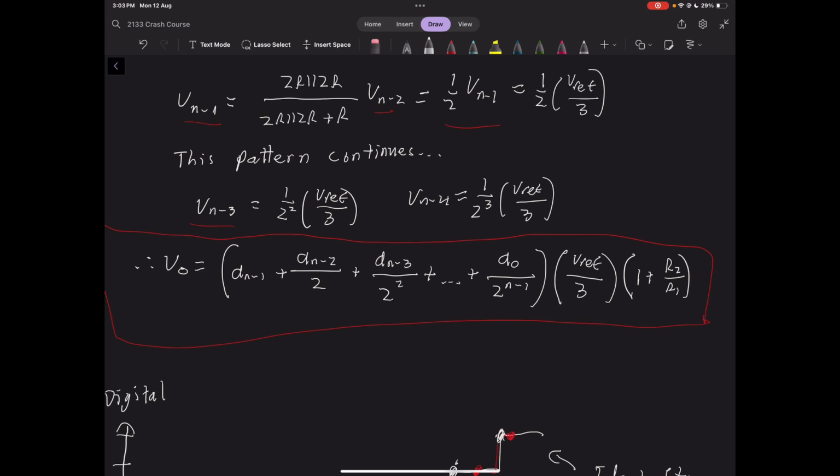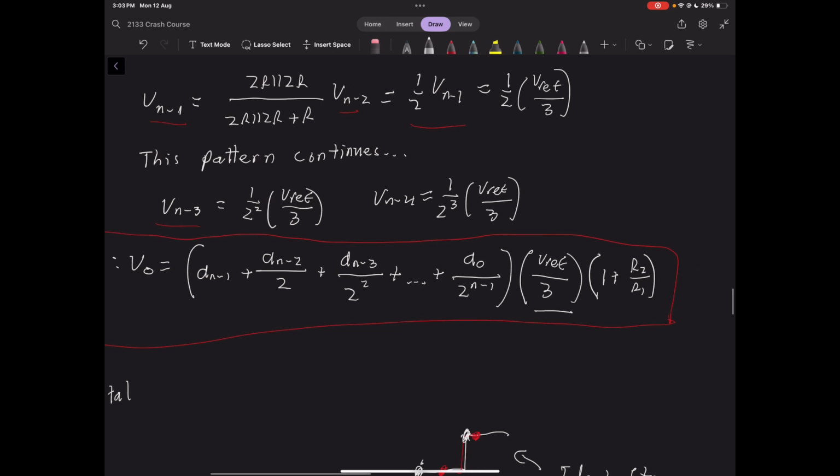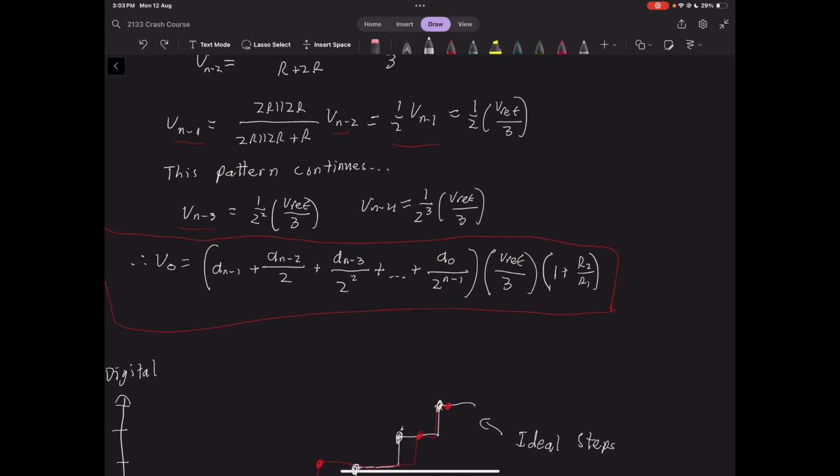And these bits all are a multiple of V ref on 3, and then the further away the bit is from the input of the op-amp, the less of a voltage they actually contribute to the final value. It becomes more and more of a fraction of 2, which depends obviously on how many bits the DAC is. And then obviously whatever voltage this is multiplied by the gain of the non-inverting op-amp, and that will give you your V.